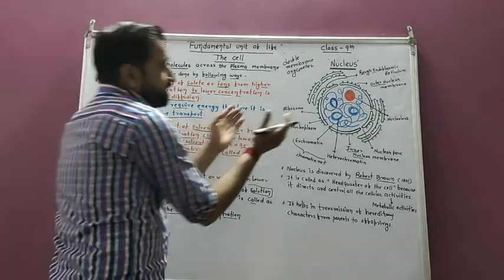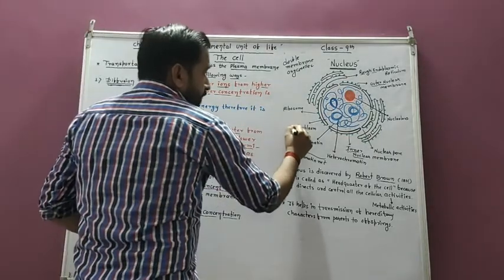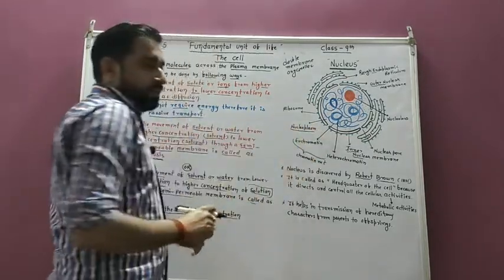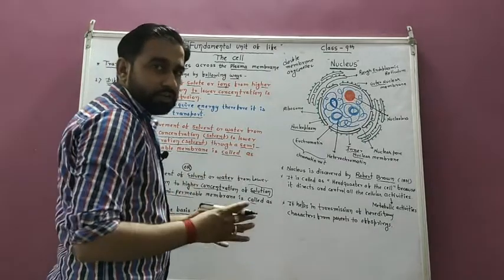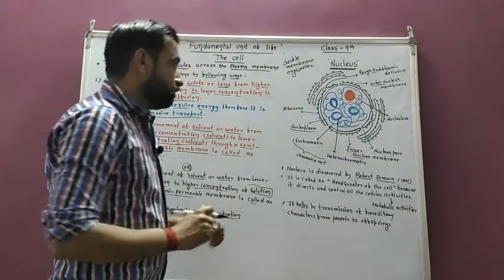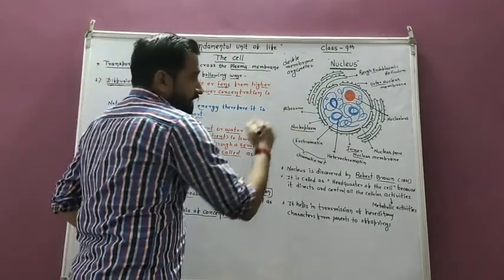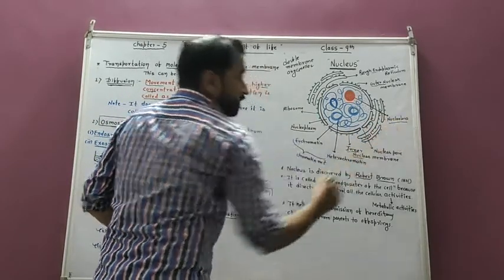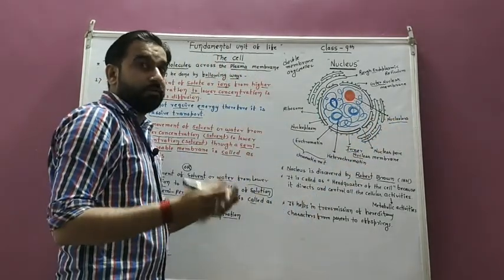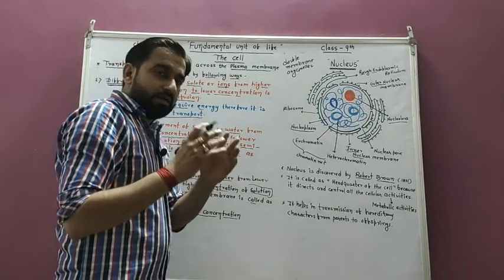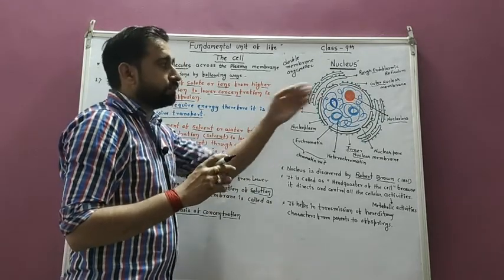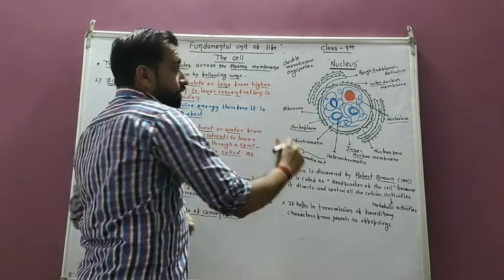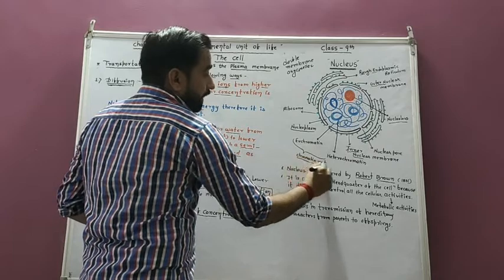Inside the nucleus, nucleoplasm is present. The matrix part of the nucleus is known as nucleoplasm. In the nucleoplasm, two structures are present. One is known as the nucleolus. In the last class we also discussed the nucleolus. The ribosomes originate in which structure? The nucleolus.